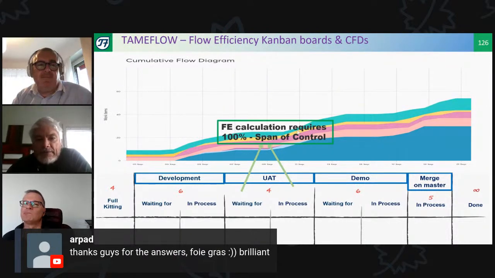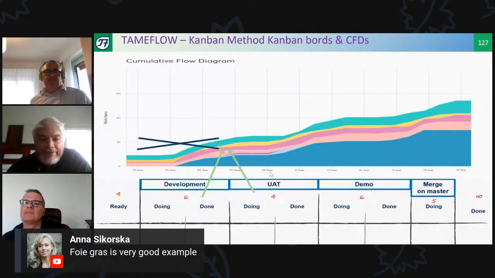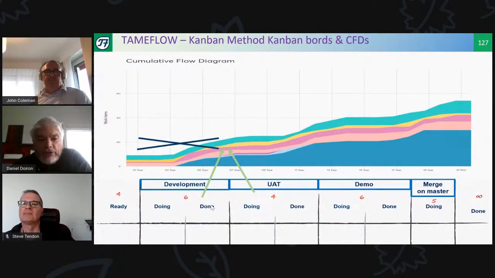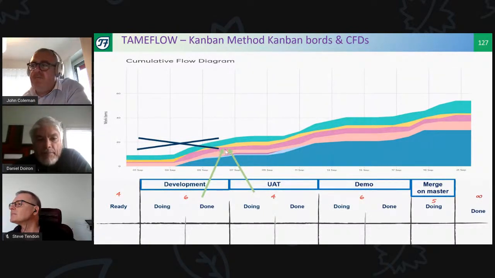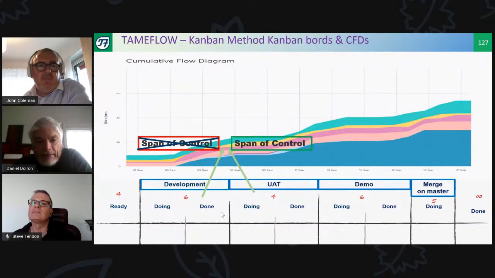And it's 100% under our span of control. But when you go into a traditional Kanban board, the done of development and the doing of UAT basically is your pink area, and there's no way that the done of development is under the span of control of UAT.